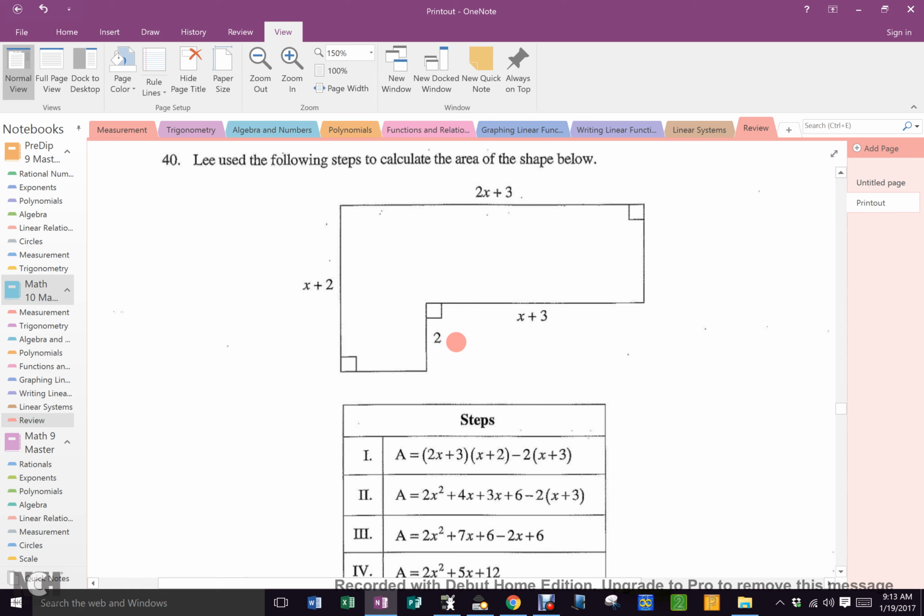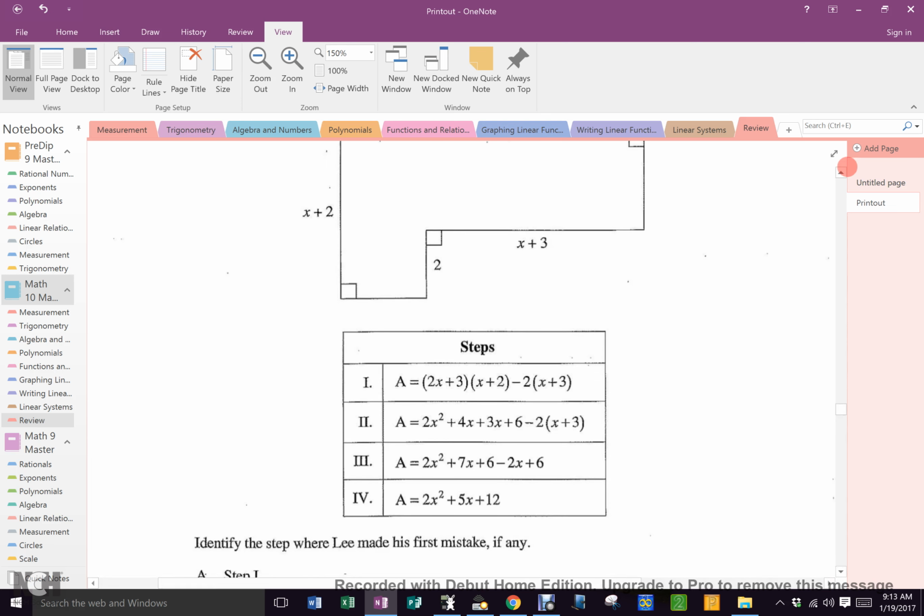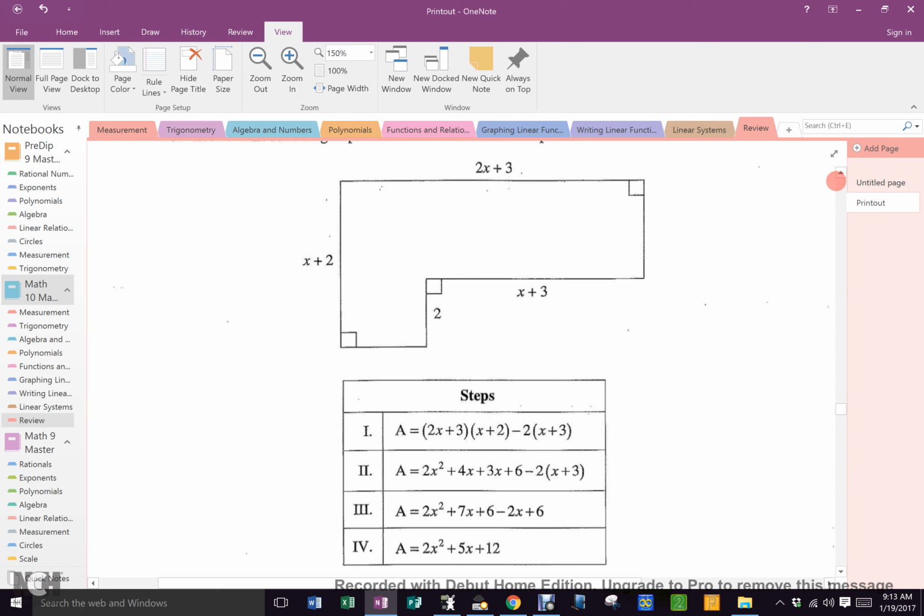So you need to calculate this area. Right? So if you were doing it, you would be making up your own steps, yeah? But you're not. You've got to mark this guy. So he says the area is 2x plus 3 times x plus 2.